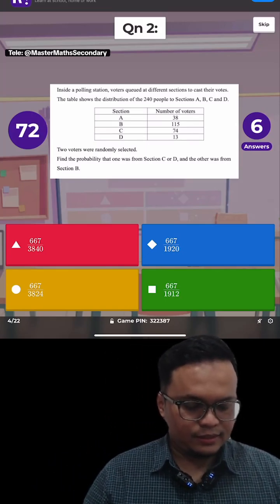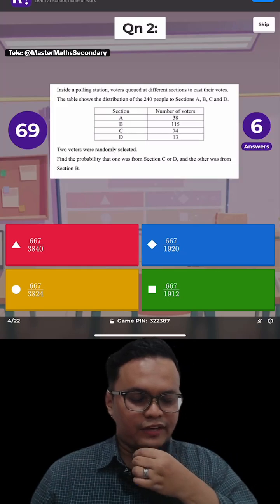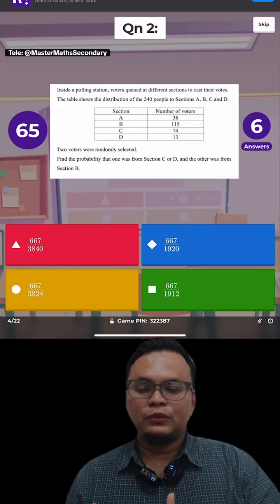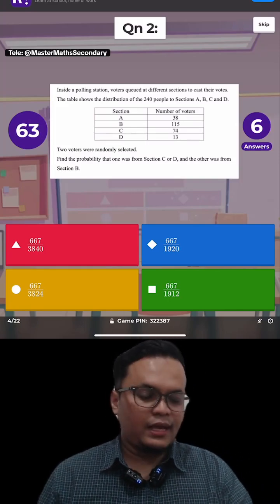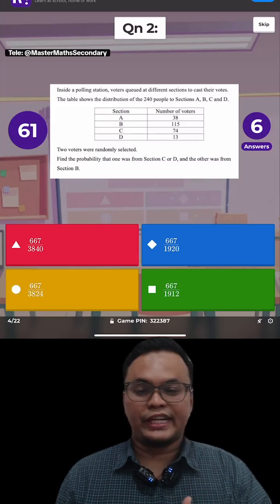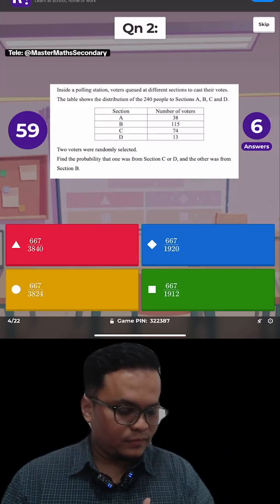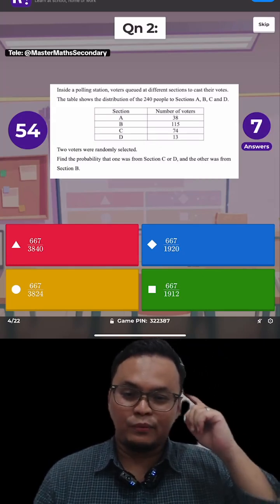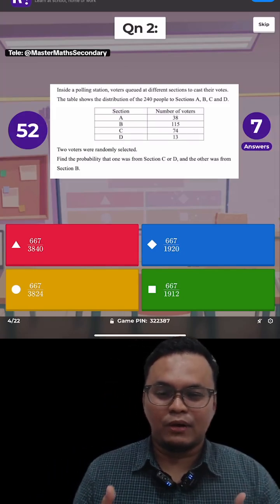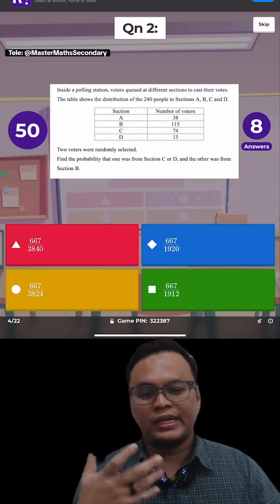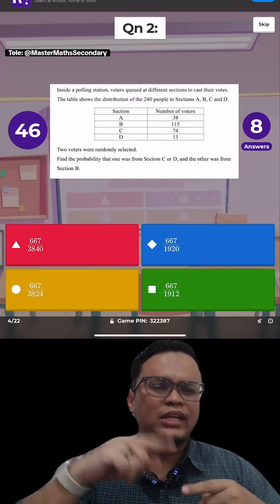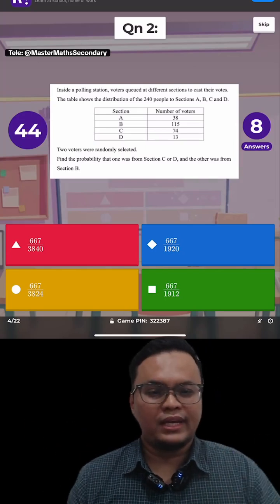Read the question carefully. You want to choose one voter who's from section C or D and another voter who's from section B. So bear in mind what I shared with you just now about whether it's with replacement or without replacement, and also consider whether it is only one case or are there more than one case to consider.